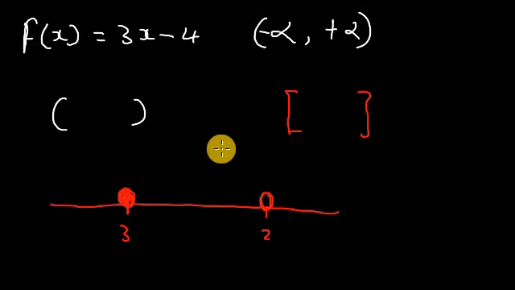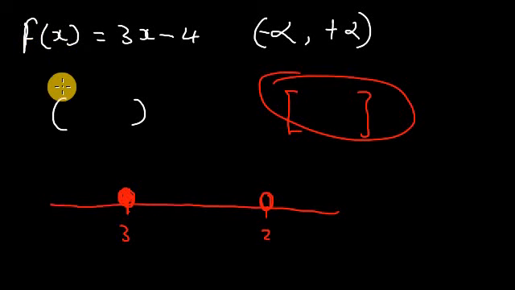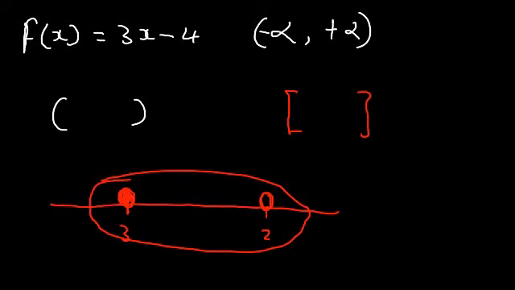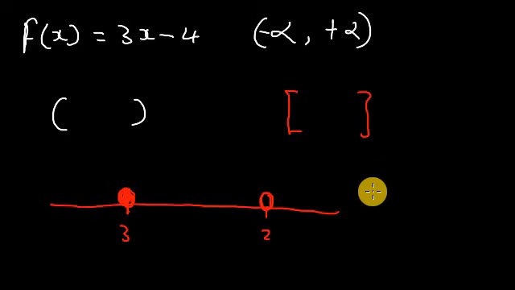To represent this using these two brackets, let me just use the region between 3 and 2 only. I'm going to use the closing bracket in the first place, showing that it includes 3, but the parenthesis in the last place, showing that it doesn't include 2. So that's what it means.